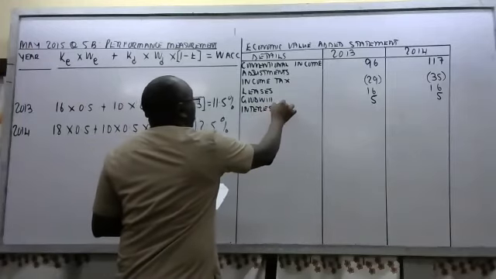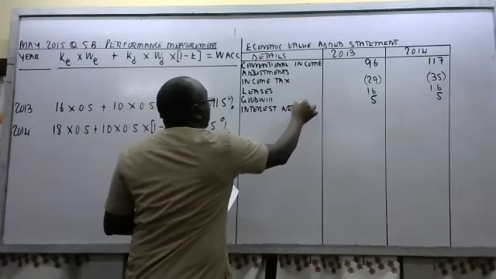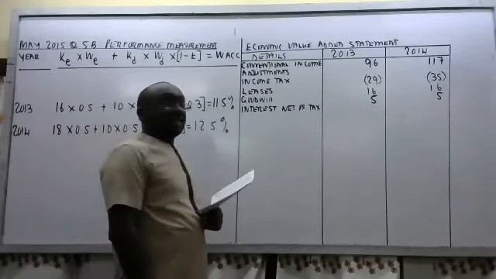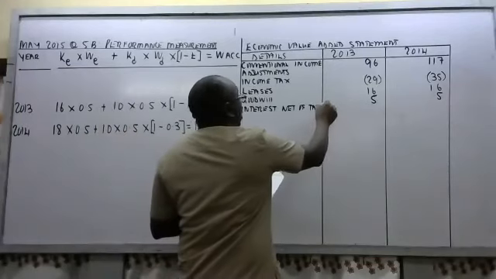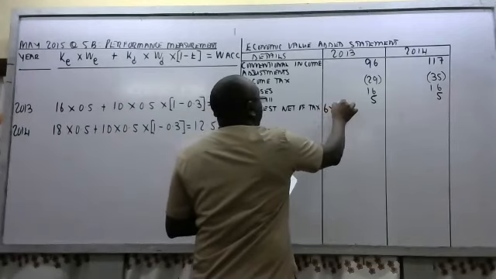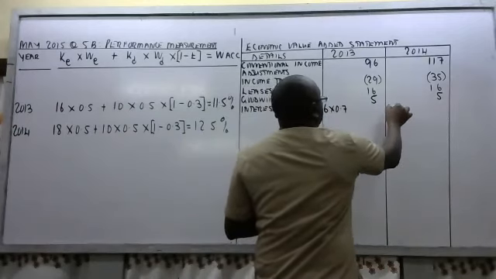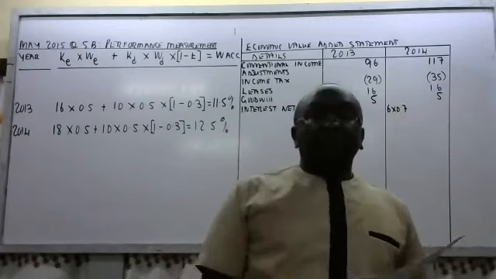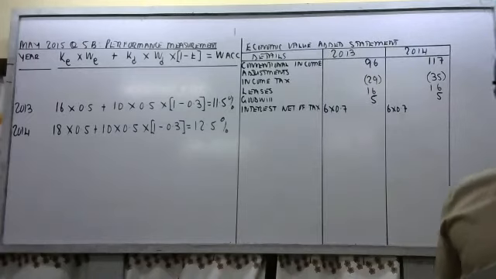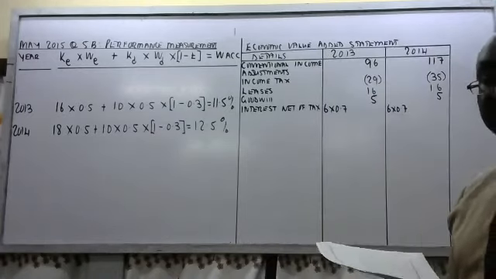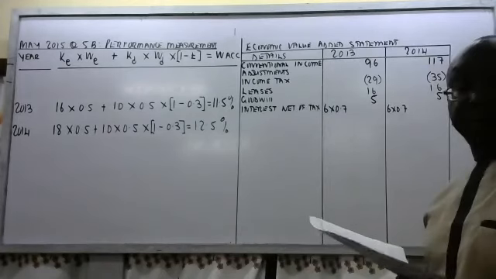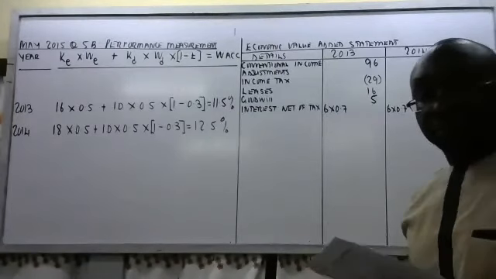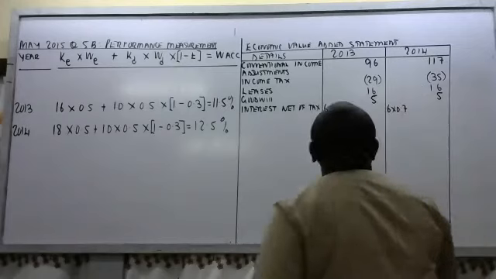Interest should be added back, obviously net of tax. So if it is net of tax, we are going to add 6 times 0.7 and 6 times 0.7. So tell me how much is that? 6 times 0.7, that is net of tax. 4.2, good.